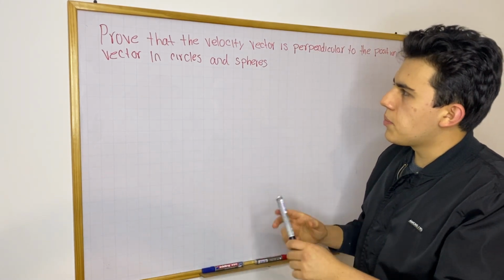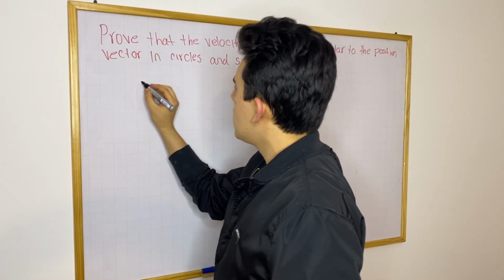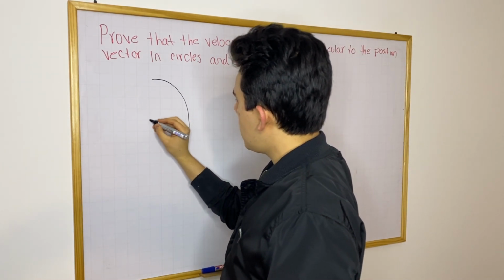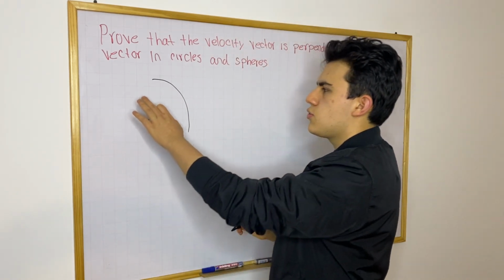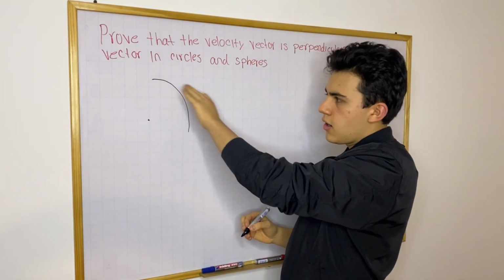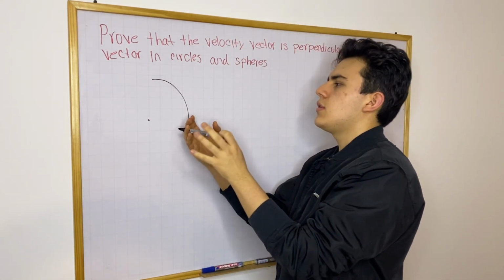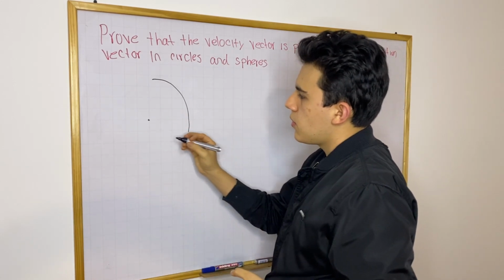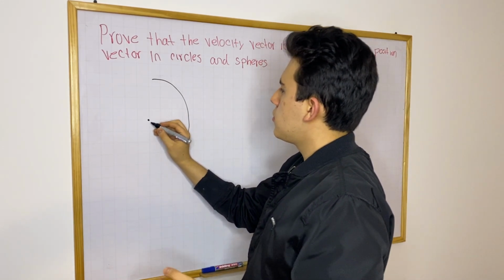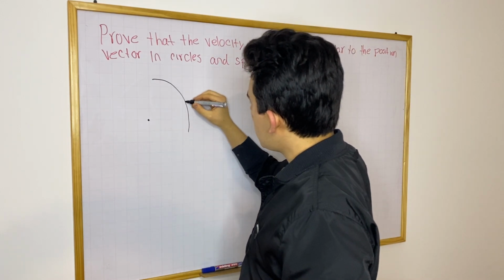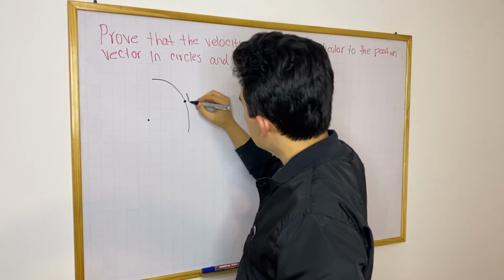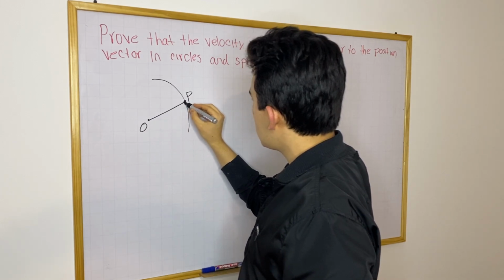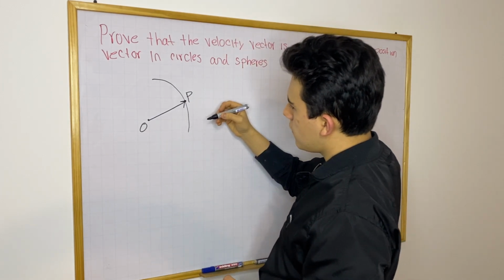So let's draw a picture, just to visualize what this problem is asking. If you have a circle or a sphere, I'm just going to draw this arc length. Imagine this is a cross-section of a sphere, but it works the same way, it doesn't matter if it's just two dimensions. We're going to have a point, I'm going to say this is our point P, and an origin here, and this is going to be a position vector.